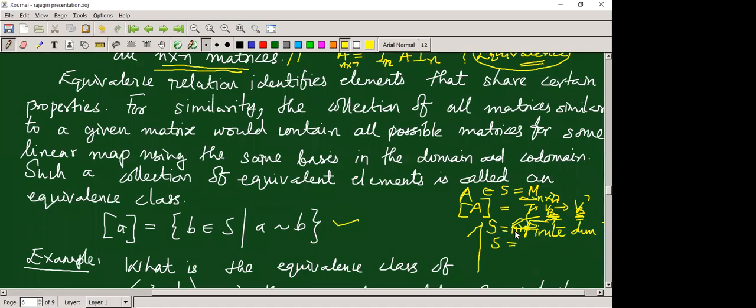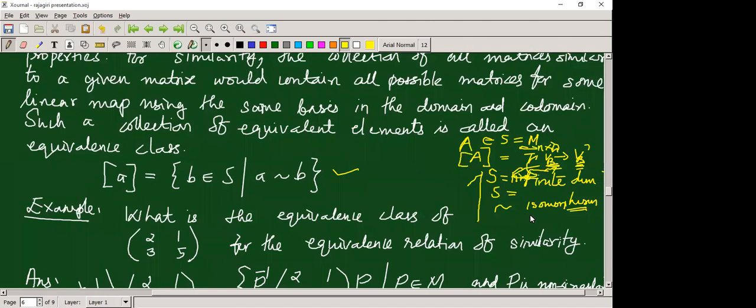So you define a relation isomorphism. We know that two vector spaces are isomorphic if there exists a one-one onto linear transformation from V to W. So we can see that this is an equivalence relation on the collection of all finite dimensional vector spaces.